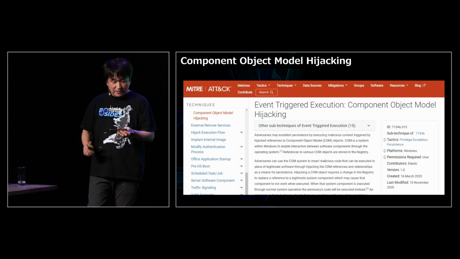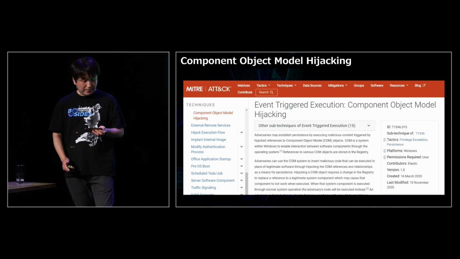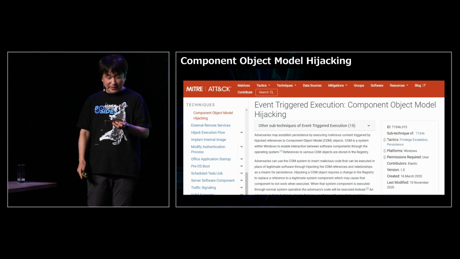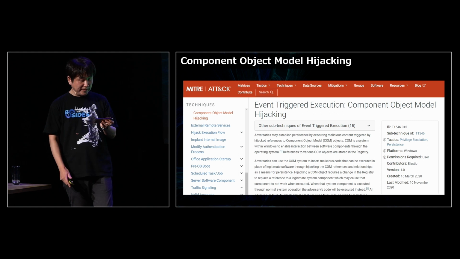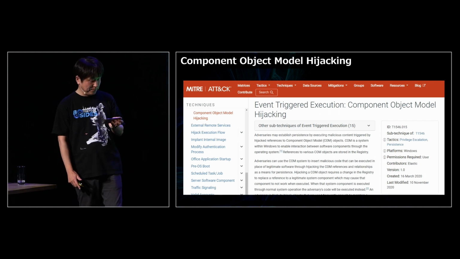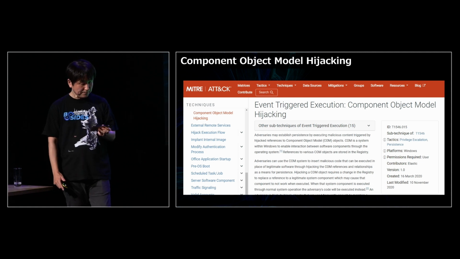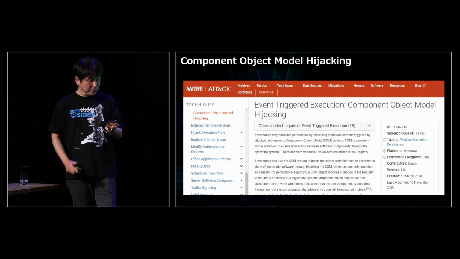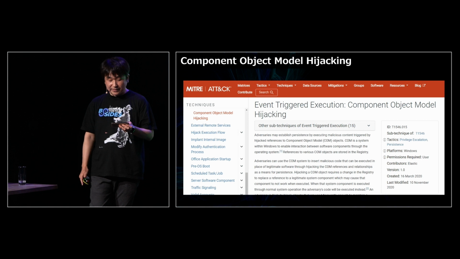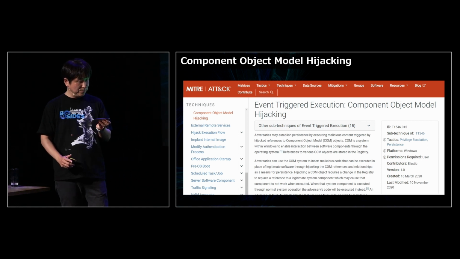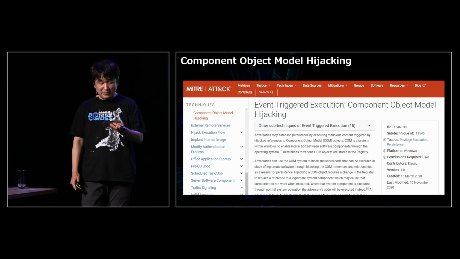By the way, are you familiar with MITRE ATT&CK? This is a globally accessible knowledge base of adversary techniques and tactics based on real-world observations. It describes Component Object Model hijacking as a technique for inserting malicious code in place of legitimate software.